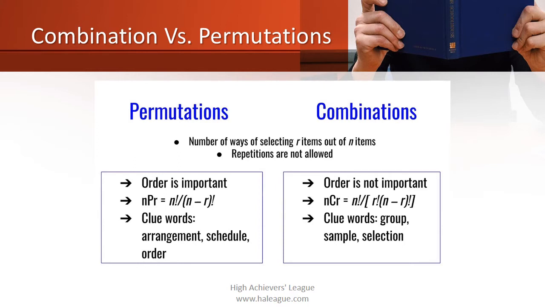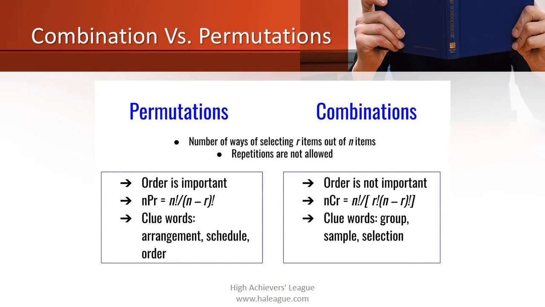Some of the clue words that can point to us that the problem that we are dealing with is that of permutation are arrangement, schedule, or order. So when you see one of these words, you can understand that the problem at hand is that of permutation. Now, talking about combinations, as I discussed earlier, order is not important in combinations.